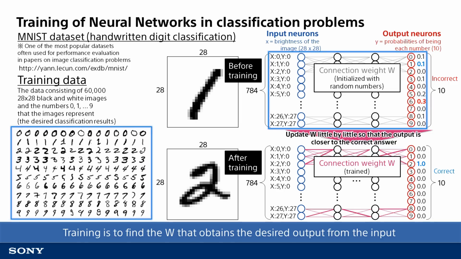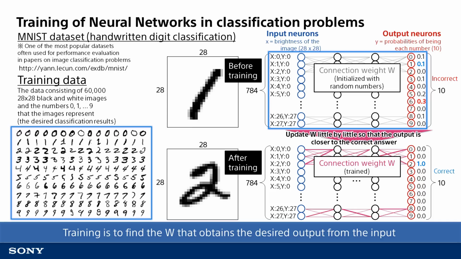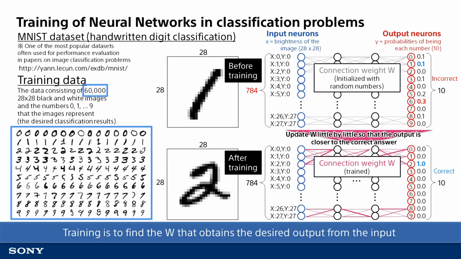Next, if we bring a different image from the training data and calculate from left to right, there is again a very high probability that it will be incorrect at the first stage. The process of training then consists of repeatedly making small updates to the connection weight W to achieve the correct result. For example, in the case of the MNIST dataset, the neural network can be sufficiently optimized by conducting training with the 60,000 images, repeating it 10 times for a total of 600,000 images.